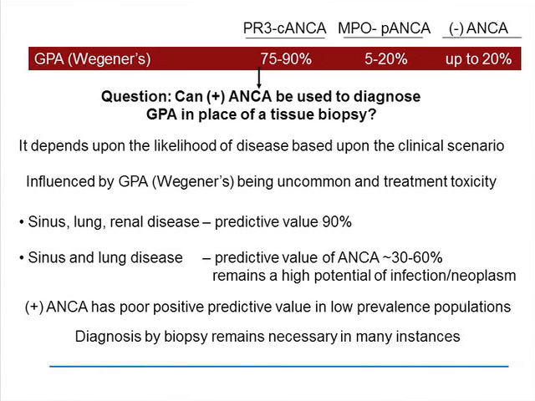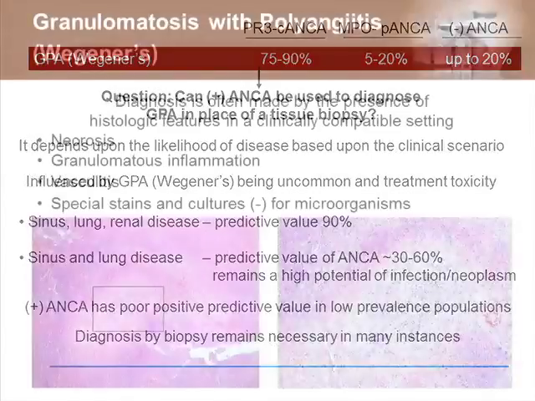However, in other more isolated settings where patients, say, may have sinus and lung disease, the predictive value of ANCA goes down significantly to about 30 to 60% because there remains a high potential of infection and or neoplasm. This tells us that a positive ANCA has a poor predictive value in low prevalence population, and diagnosis by biopsy remains necessary in many instances.